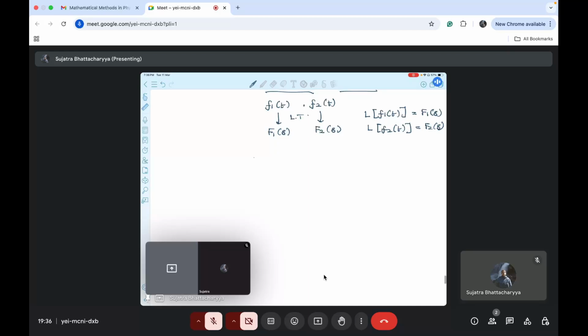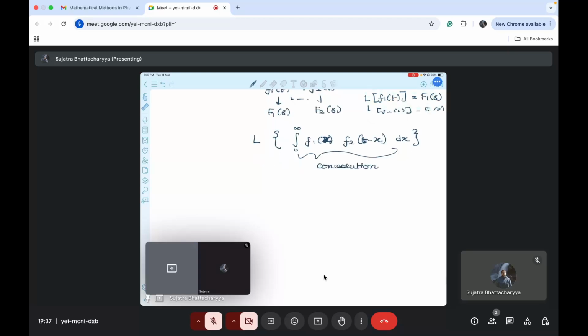So if you have the integral from 0 to infinity of f1(x) f2(t minus x), the definition is that I'm writing it in terms of x. It's based on some parameter t, and you have to integrate with respect to x. This is the convolution definition. So you can see that it's an integration based definition. Okay.